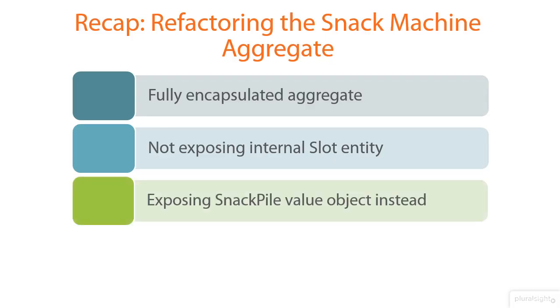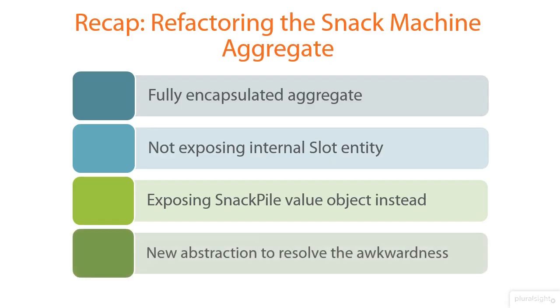Note how we resolved an awkwardness in the code by adding a new abstraction. Always search for hidden abstractions in your codebase. It might be that your domain model can be simplified greatly if you introduce one. And again, unlike entities, value objects are lightweight, and it's always a good idea to move as much domain logic to them as possible.